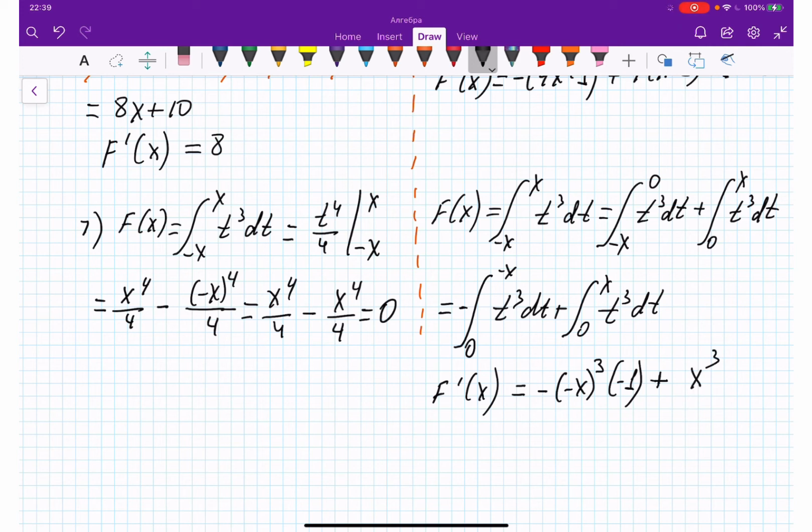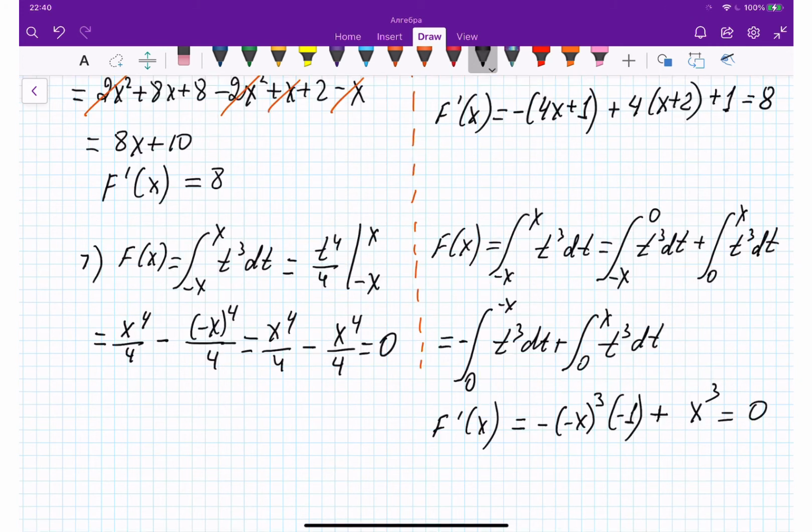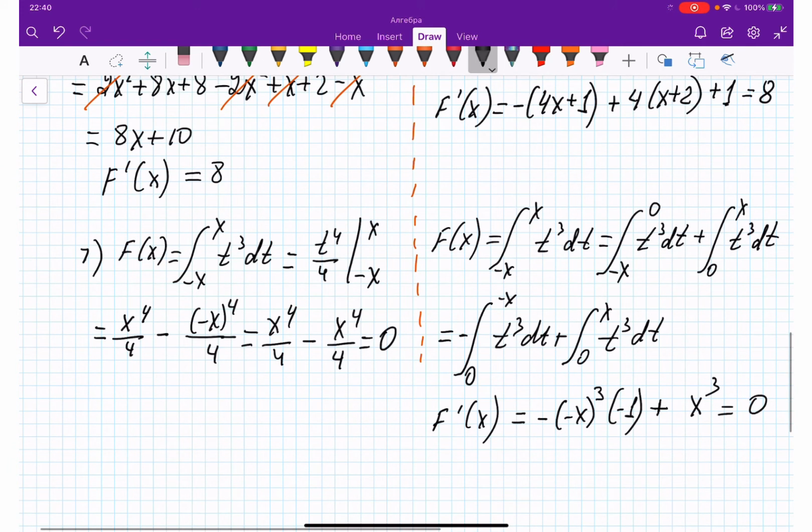Plugging in 0, I dropped it because it doesn't make sense, right? Okay, and the answer is going to be 0. All right. Okay, in number 7, I forgot to write down f prime of x is equal to 0.